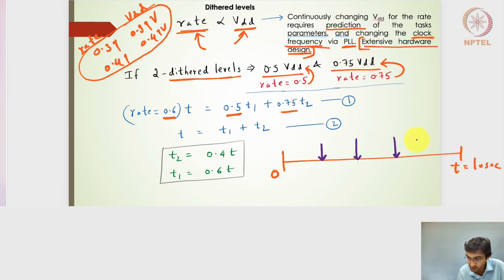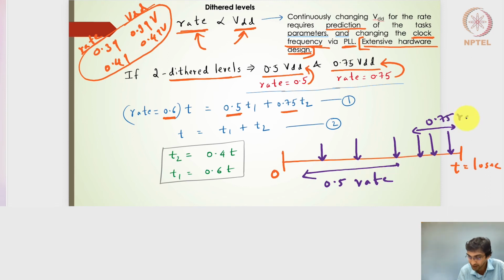So I need 6 switchings. What I will do is have a faster switching now. So this will be 0.75 and this will be configured to the 0.5 switching rate. So I'm going to write it as 0.5 rate and then 0.75 rate, right? Because we need to achieve 0.6 rate overall in 10 seconds.